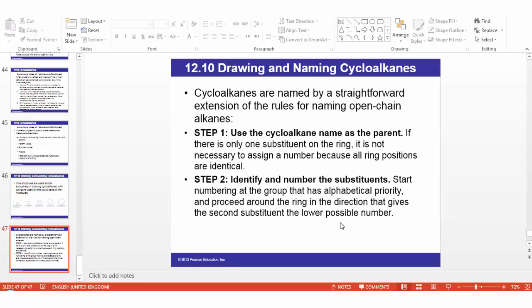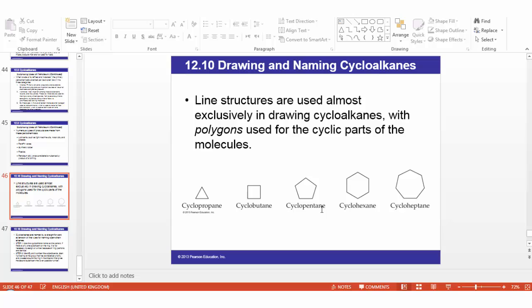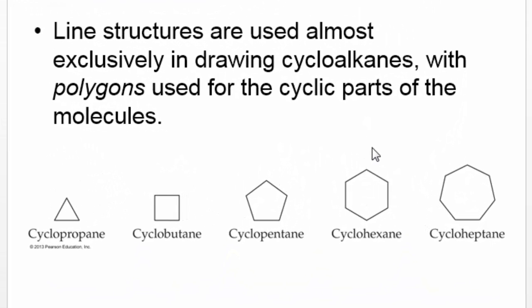Now, step 2, identify and number the substituents. Start numbering at the group that has alphabetical priority and proceed around the ring in the direction that gives the second substituent the lower possible number. If, for example, again we come here, we have here chloro, and here we have, for example, bromo.